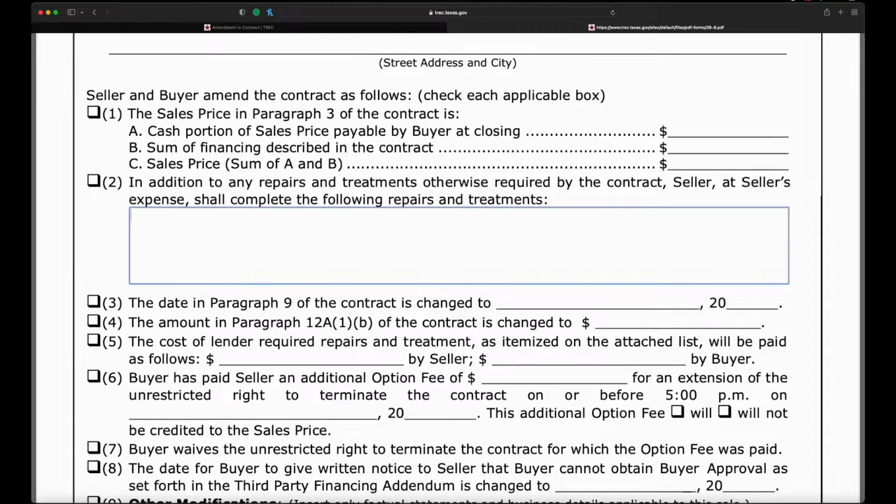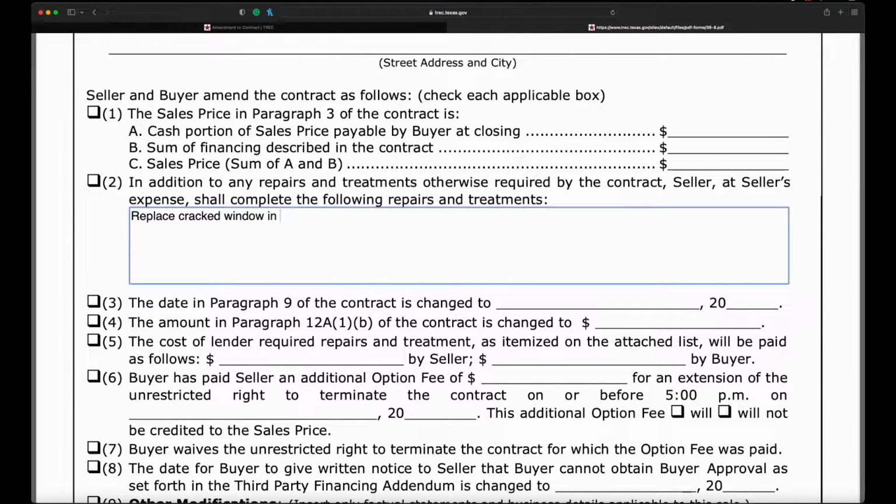So do be specific. If there's a cracked window in a bedroom, you don't really have to put professional window technician or something like that. You could just put replace cracked window in southwest bedroom. Issues like that.